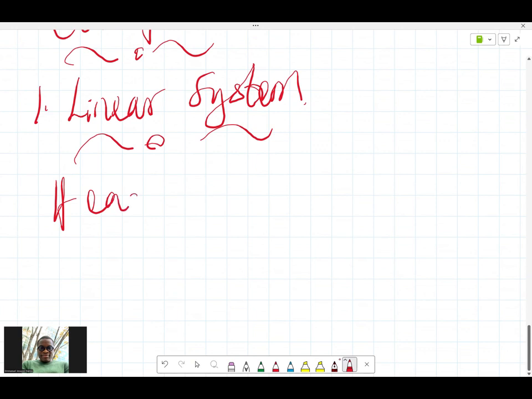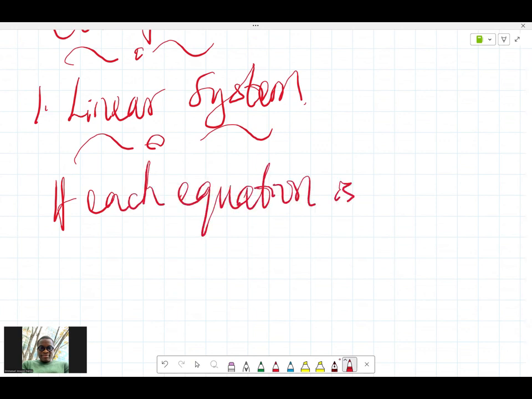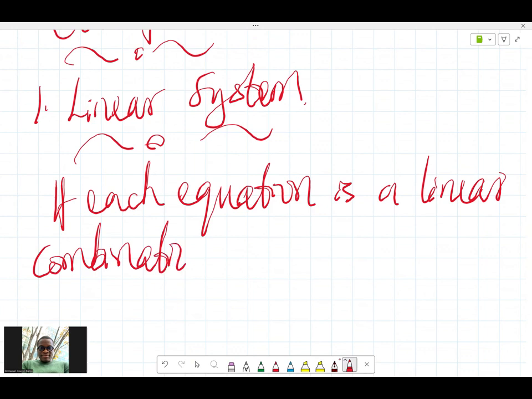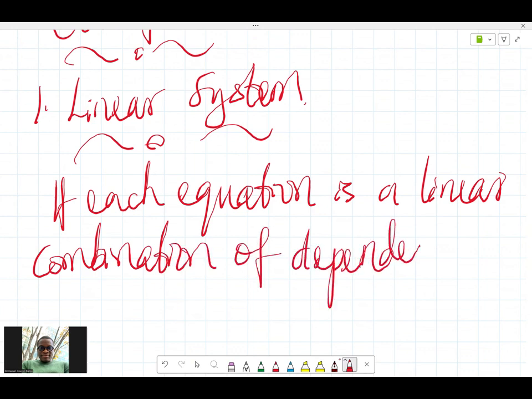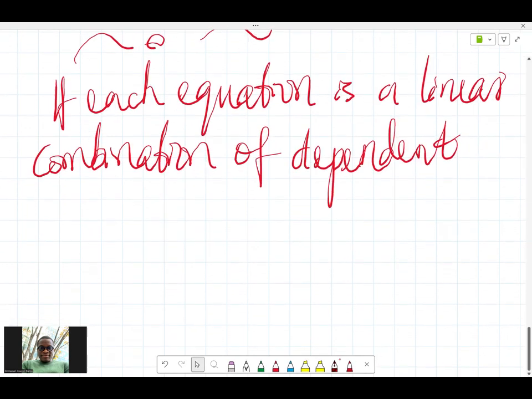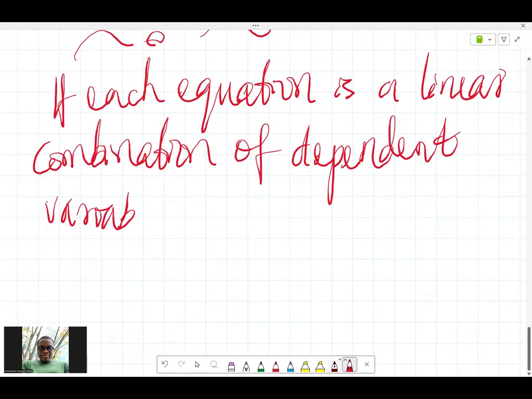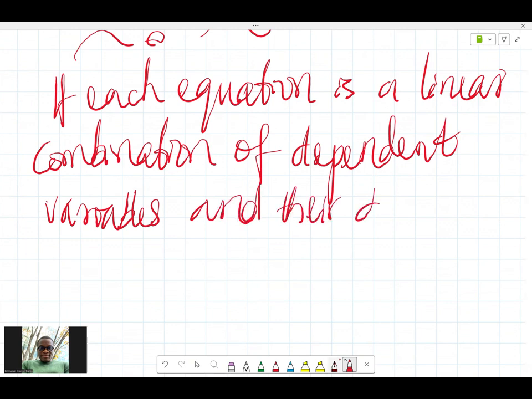If each equation is a linear combination of dependent variables and their derivatives, the system is linear.